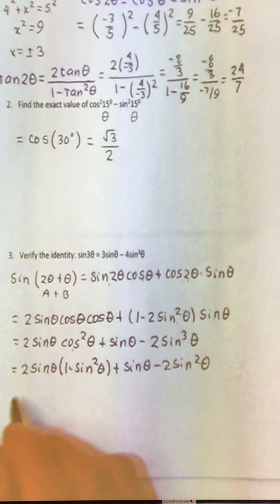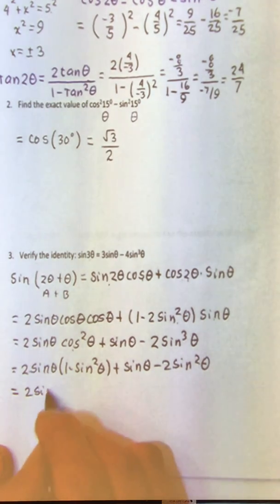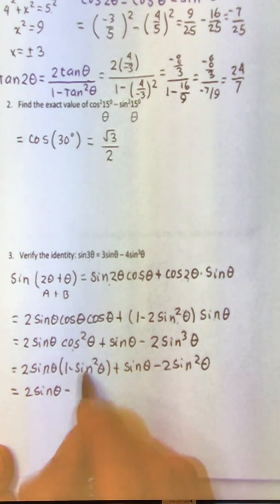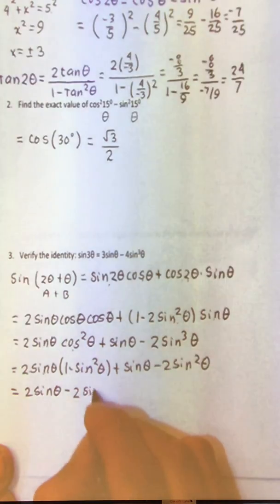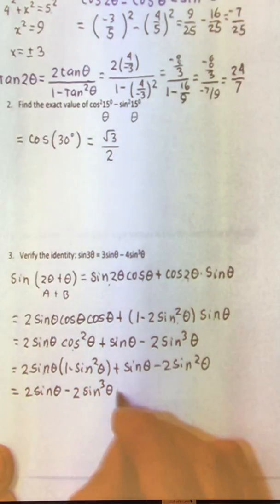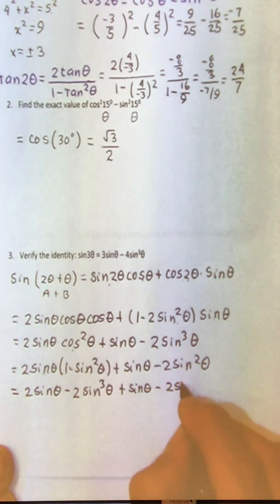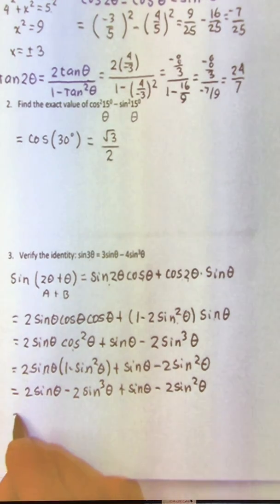And we'll just write down the rest of it here so we don't lose it. Okay, now let's multiply this out. 2 sine theta times 1, and then minus 2 sine theta times minus sine squared theta is minus 2 sine cubed theta. And write down the rest of my terms here. Now, everything is pulled apart. The like terms can be added together.